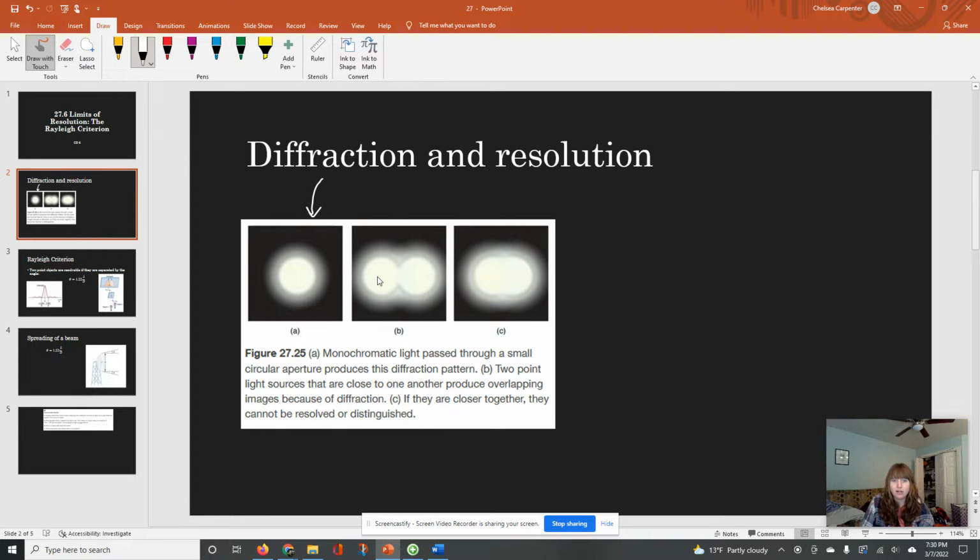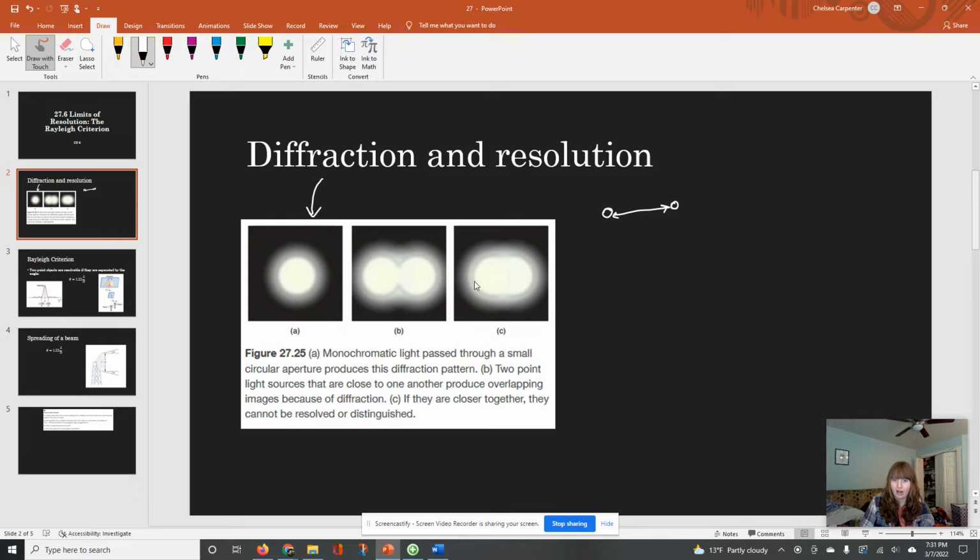If you have two sources of light, so two distinct different objects, there's going to be a minimum distance that those two objects can be from each other and still appear as two distinct objects, not overlapping so much that you can't distinguish them from each other. This third picture here, those two objects have become so close that you can't distinguish them as two different objects.